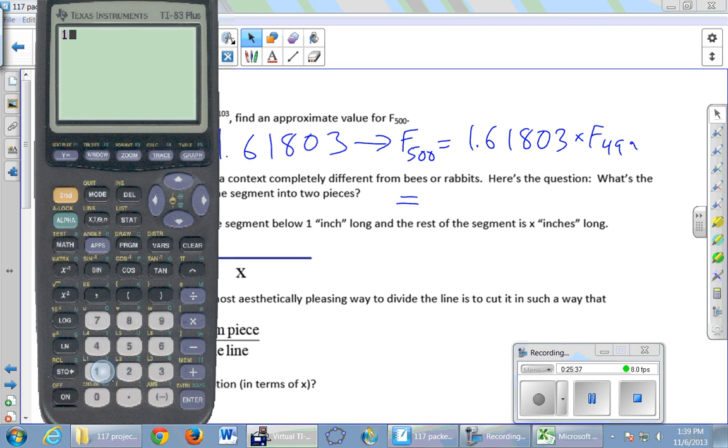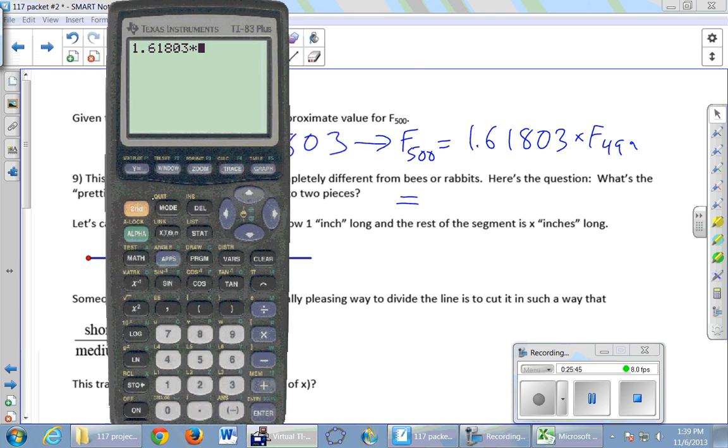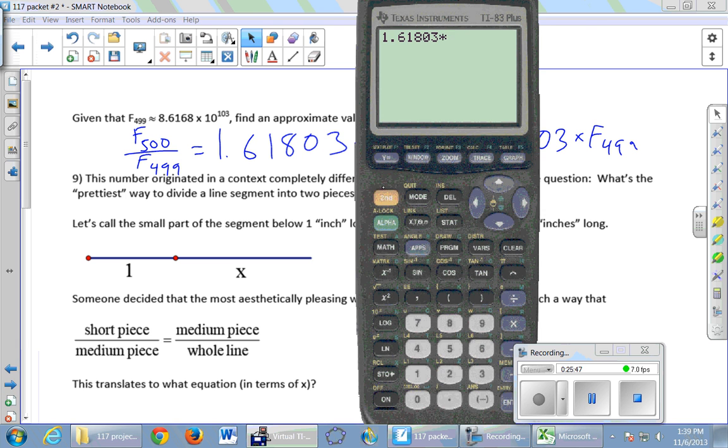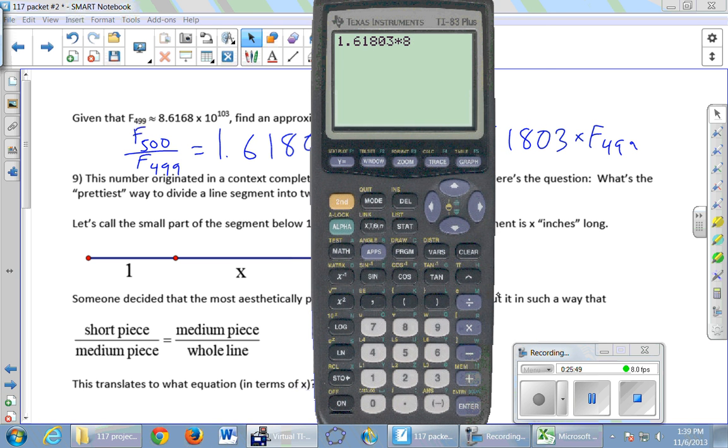So here's what we do, 1.61803, type in all 5 digits there, times, and now what was the 499th? 8.6, and then times 10 to the 103. I just type it, times 10, and then for me this little up arrow here is the power button, to the 103. Okay, it's kind of big.